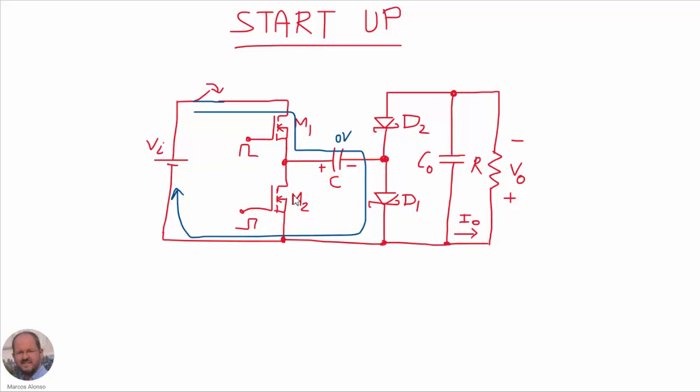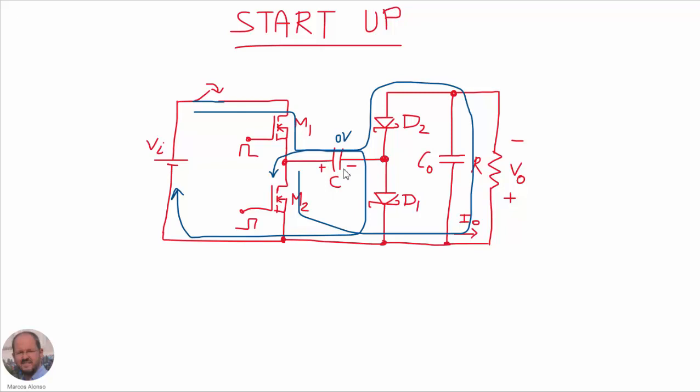When we close switch M2, capacitor C is going to be charged up to the input voltage, and then we close switch M2 and we have a current circulating this way, which again is limited only by the series resistance of the circuit, because this capacitor, the output capacitor CO, is also totally discharged. So we are going to have a very big current circulating through it and through the rest of the elements. So these situations can put at risk the integrity of our switches.